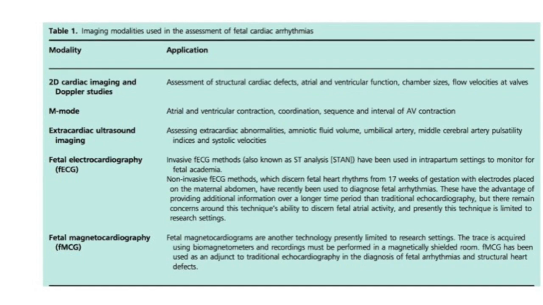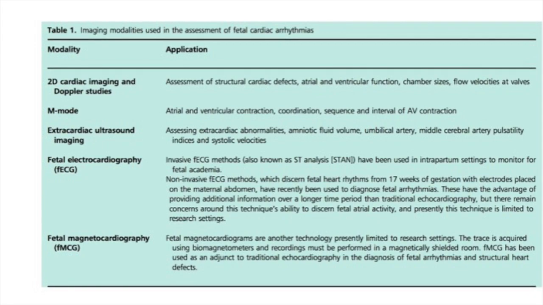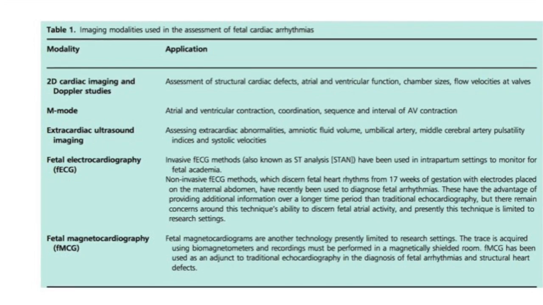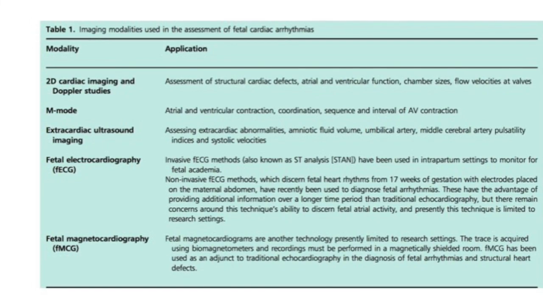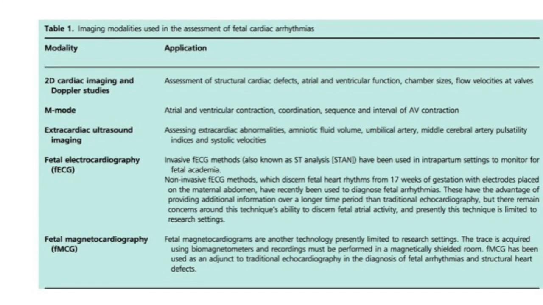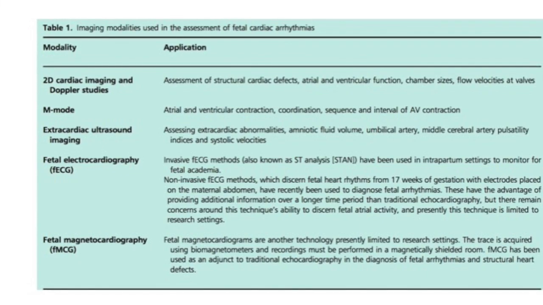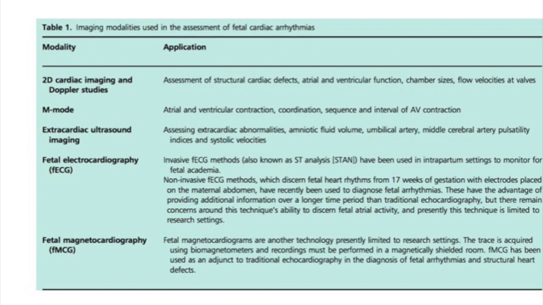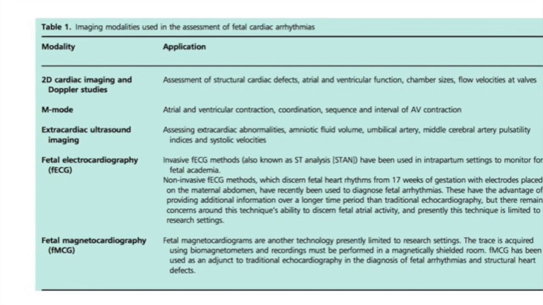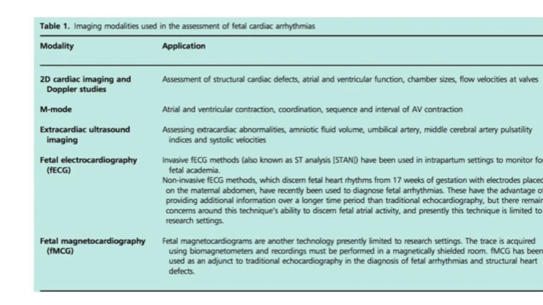Next modality is M-mode, which helps us to see atrial and ventricular contraction, coordination, sequence and interval of AV contraction. Next modality is extracardiac ultrasound imaging, assessing the extracardiac abnormalities, amniotic fluid volume, umbilical artery, middle cerebral artery, pulsatility indices, and systolic velocities.